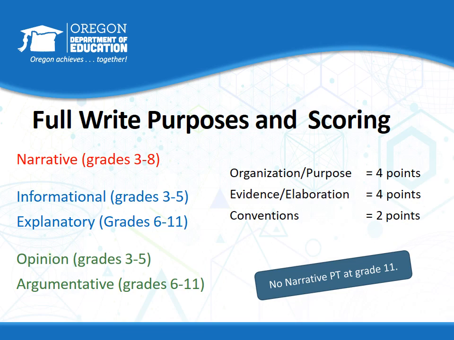In addition, the writing extended response for the ELA performance task is scored on the following 3 domain traits: organization and purpose, evidence and elaboration, and conventions. Both organization and evidence are scored on 4-point scales, while conventions is scored on a 2-point scale.